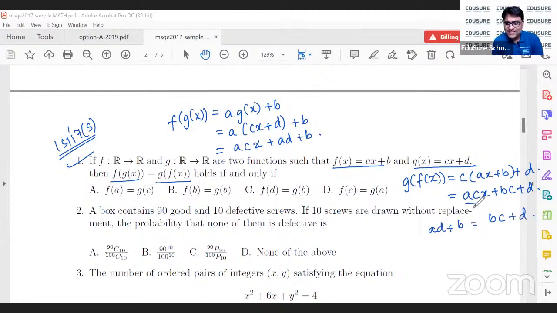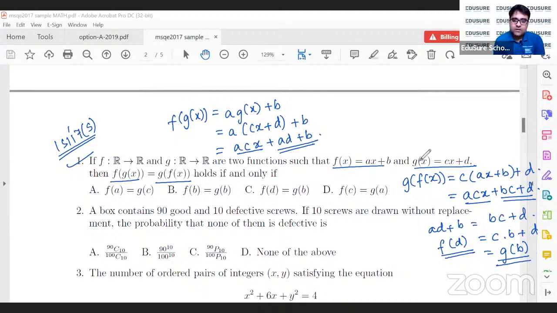Now acx is the same, right? So ad plus b, this part should be equal to this part. Now ad plus b is basically f of d, and bc plus d times c... basically c into b plus d, this is basically g of b. So when fb is equal to gb, then fgx is equal to gfx.